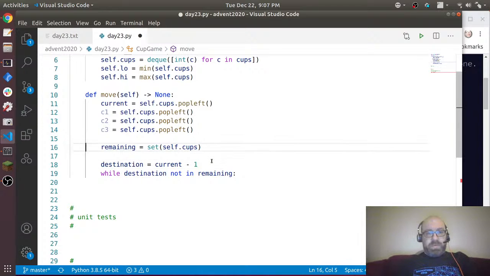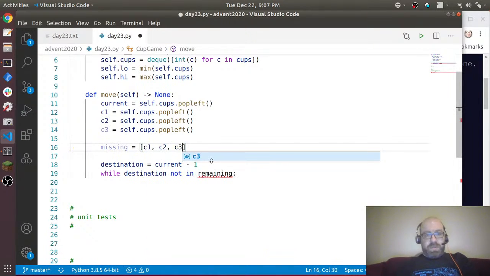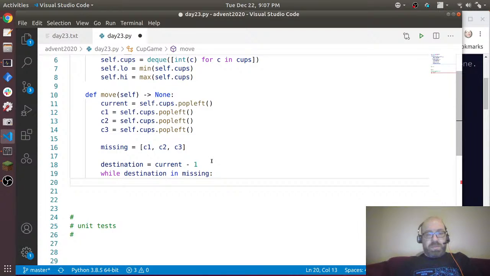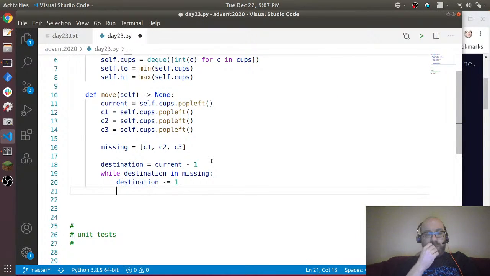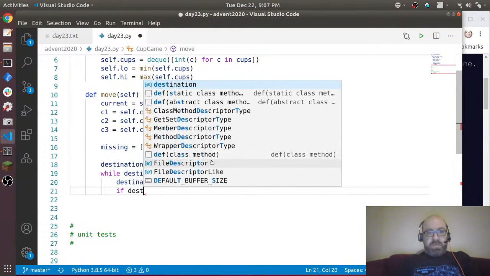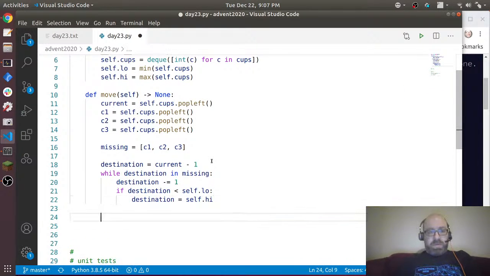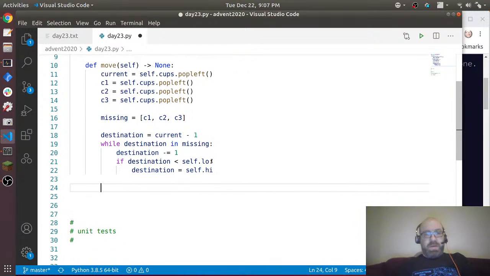Or let me do it this way. Let's just say missing equals c1, c2, c3. While destination in missing, destination minus equals 1. And then if destination is less than self.low, destination equals self.high. Okay, and now that's good.